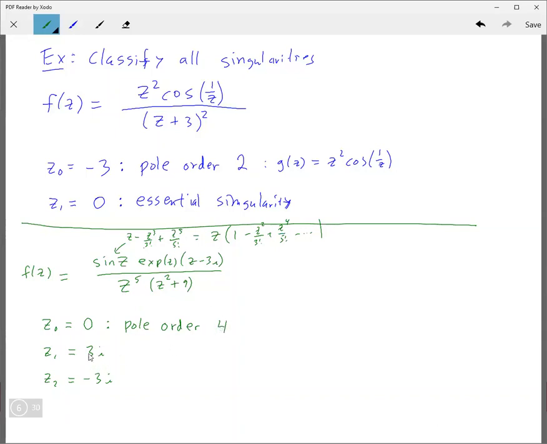Okay, let's go for the next one, 3i. What is that one going to be? 1. Close. But notice you have this z minus 3i there.